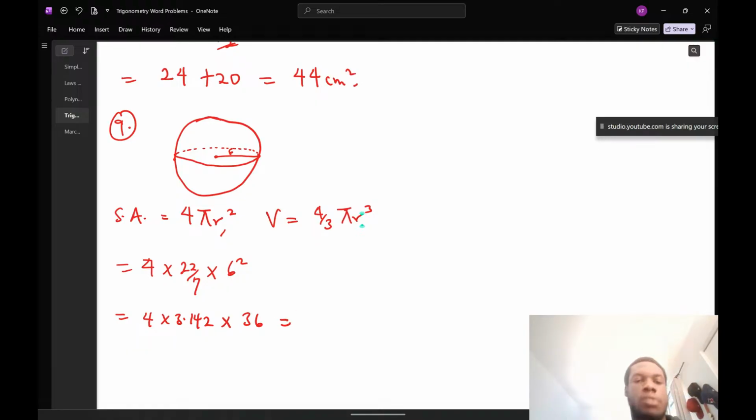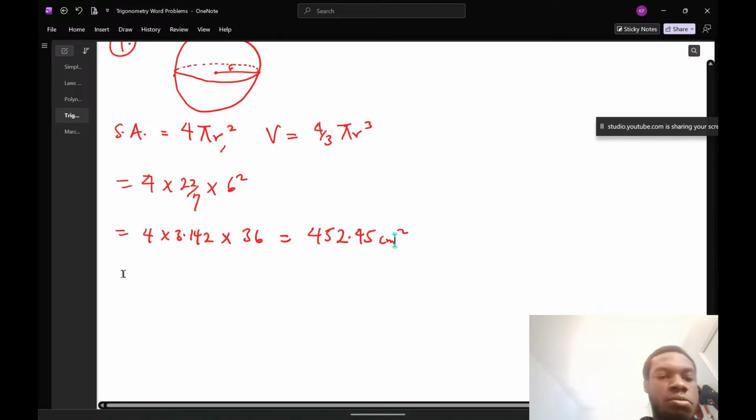So 36 times 4 is 144, times 3.142. That's equal to 452.45. Let's assume that is centimeters squared.